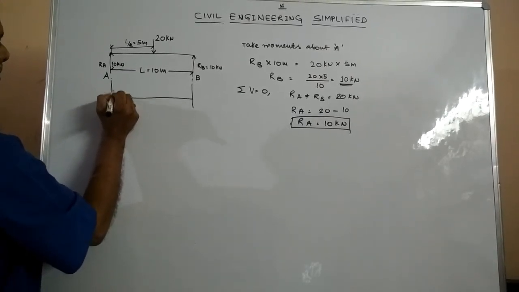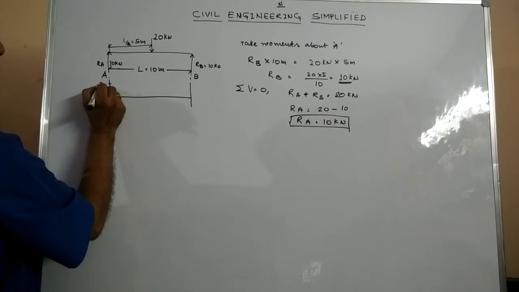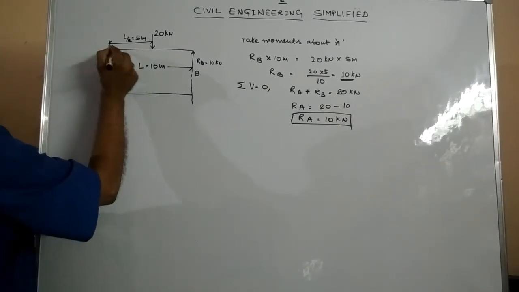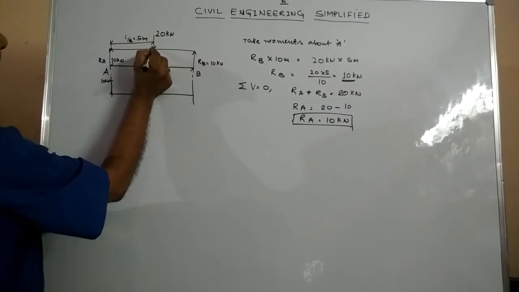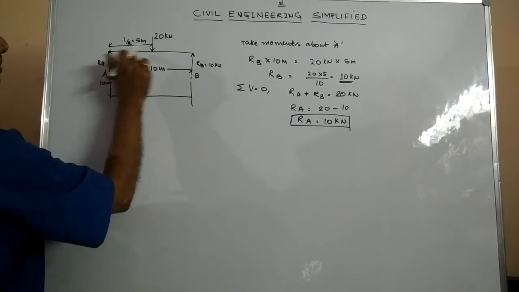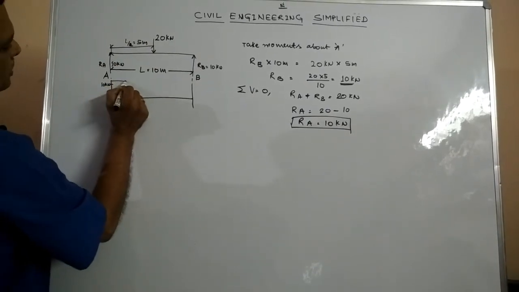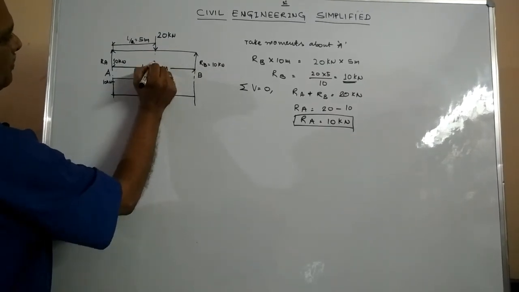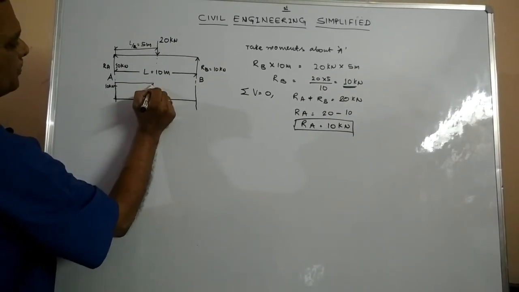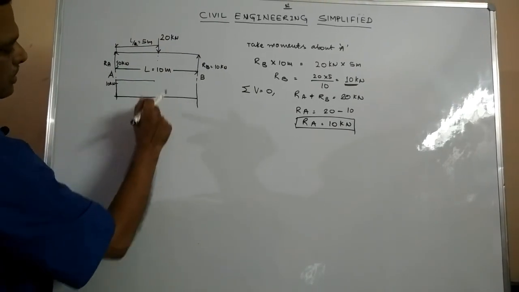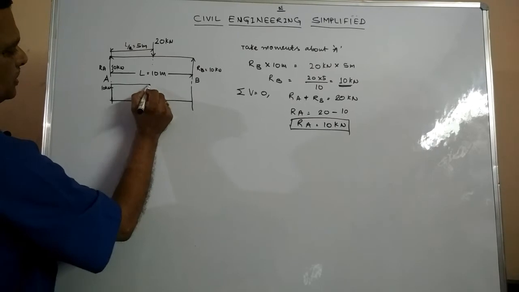RA rises to 10 kN here. After that, we have a downward force acting at the midspan of the beam, which is 20 kN. In between there is no force, hence the shear force diagram remains horizontal up to the midpoint here. After that, we have a 20 kN force acting downwards.